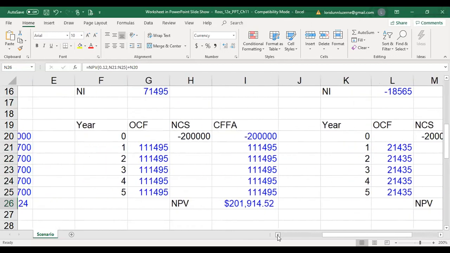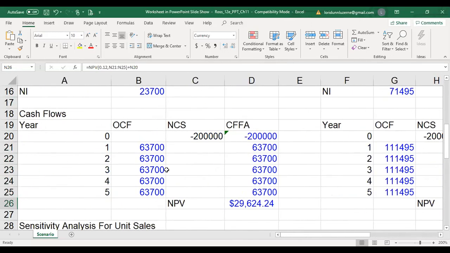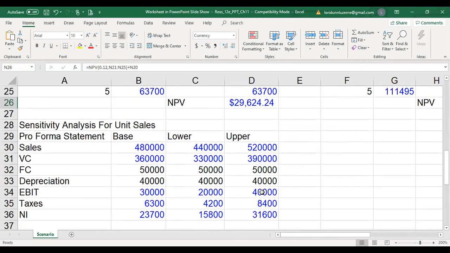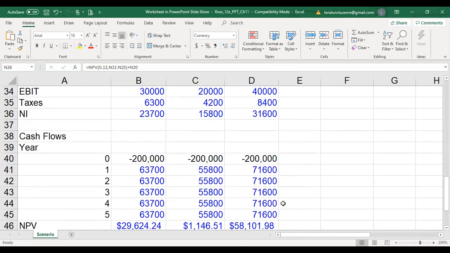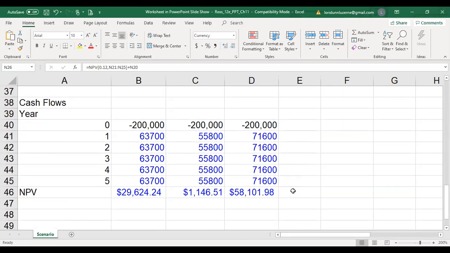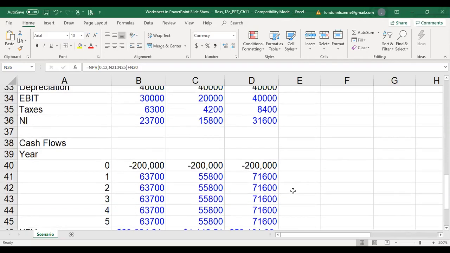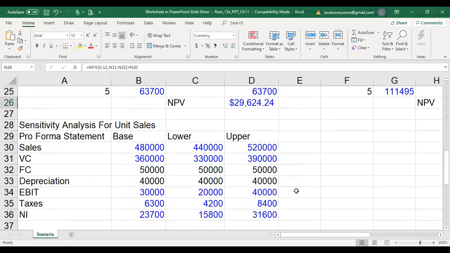So this is showing us through net present value how our net present value will change. Okay. Scenario analysis. We're looking at a base, the best, the worst, and the impact on net present value.